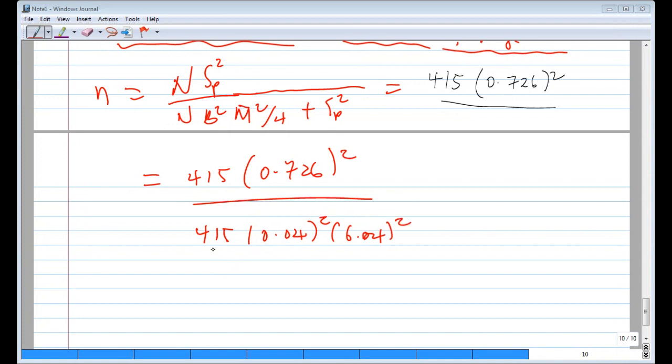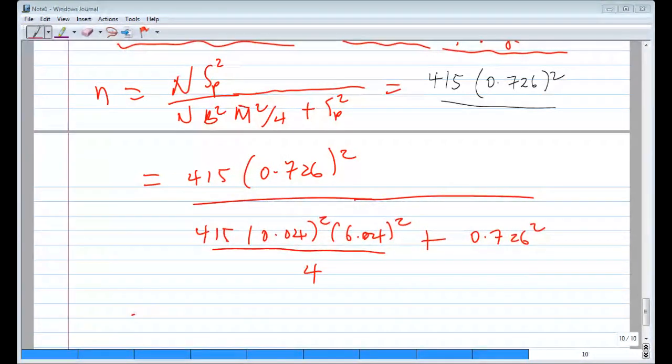Again, you square it and then divide it by 4, plus sample variance 0.726. You square it. What is the answer? I think we did everything correct. Yes, I think we plugged everything in.